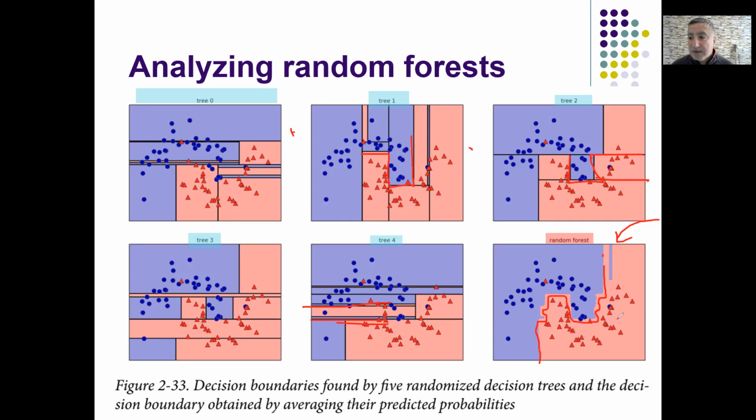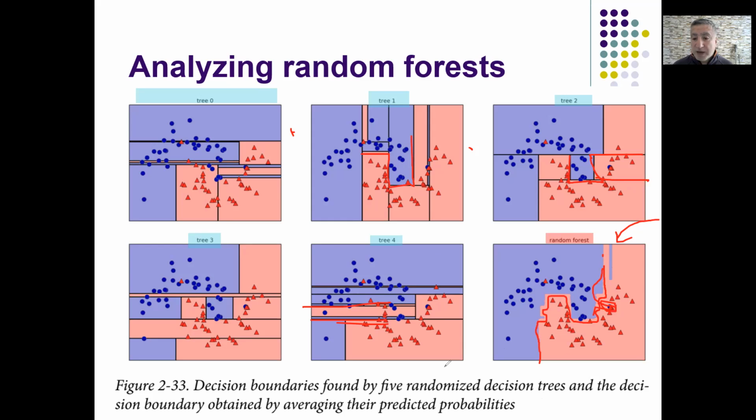Smooth. So it is somehow getting different from each of them, right? And it fits the data better. You see that? It fits the data better, but doesn't overfit. Interesting, right? So, for example, there is a blue point here, and it does not go to the blue side.